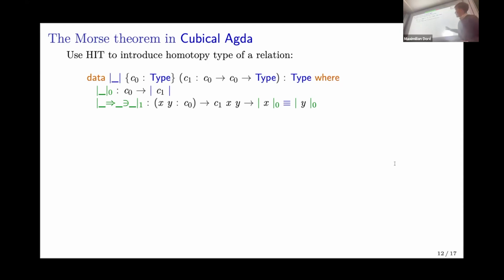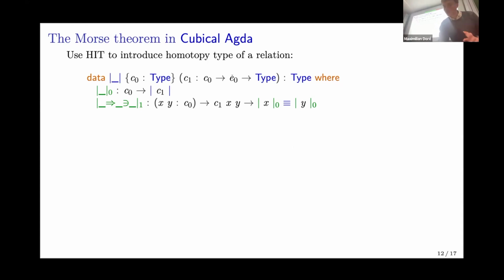And what this here is, it takes something which is graph-like. We don't even have to have as many properties as a graph has. We just need to have a base type C0, and then a relation between C0 in itself.